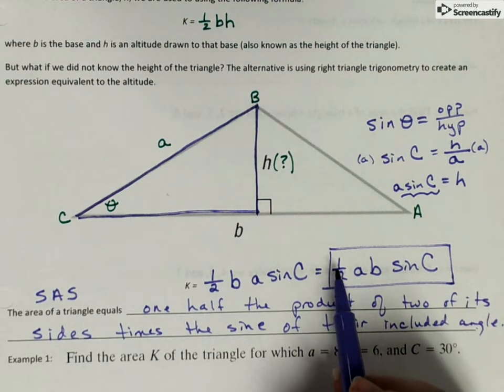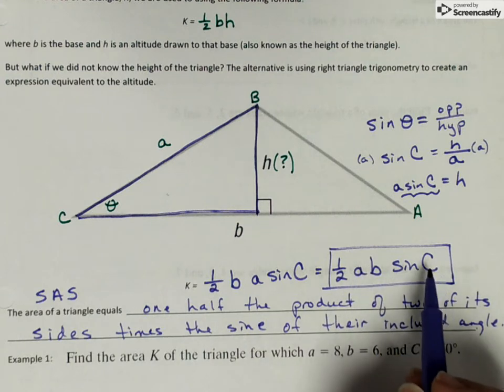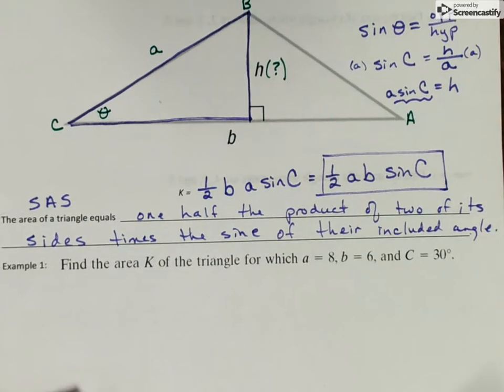So it's 1/2 times the product of the two sides times the sine of their included angle. So let's look at an example of that.